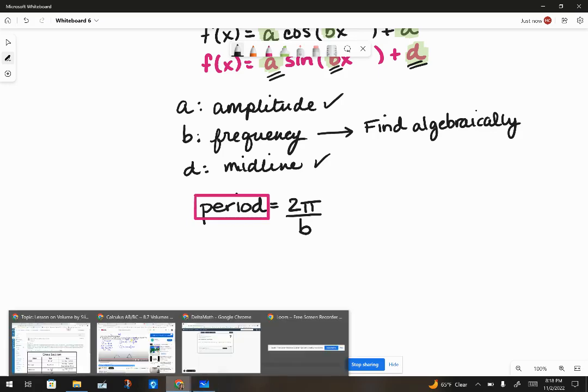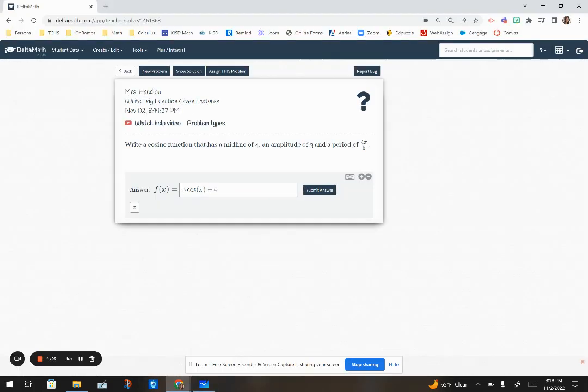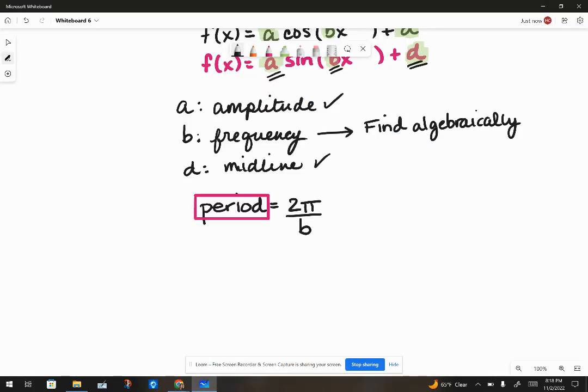Was it 4 pi over 5? Yeah, it was 4 pi over 5. So 4 pi divided by 5 is equal to 2 pi divided by B. All I did was substitute what was given to me.